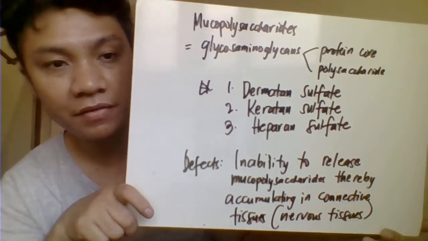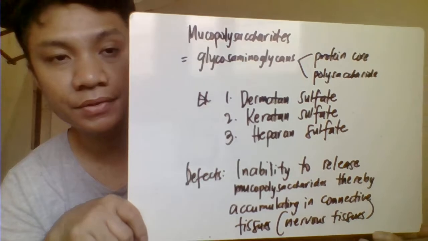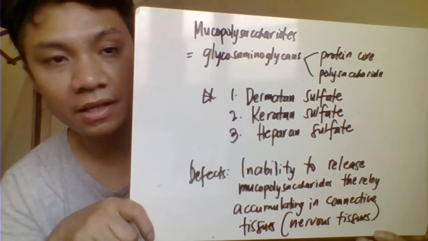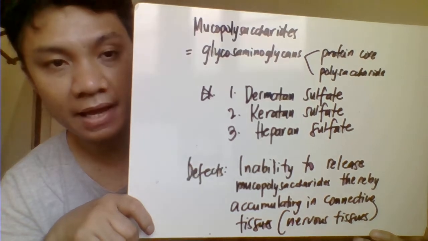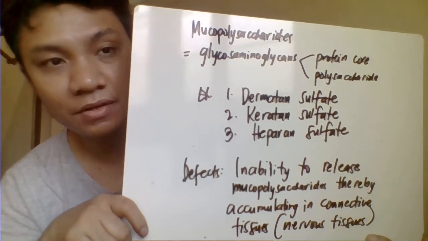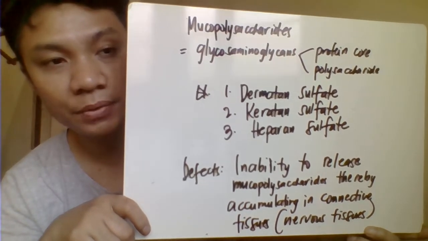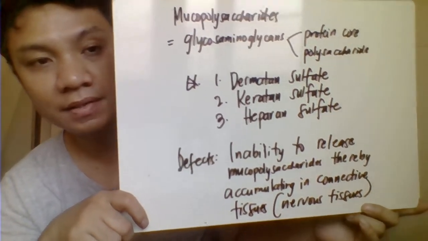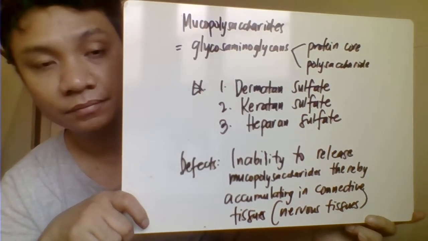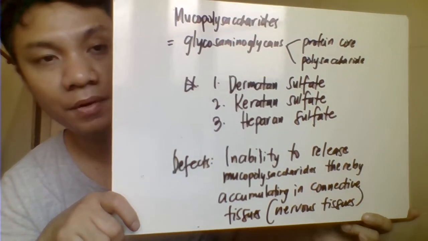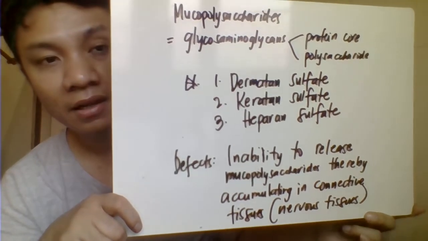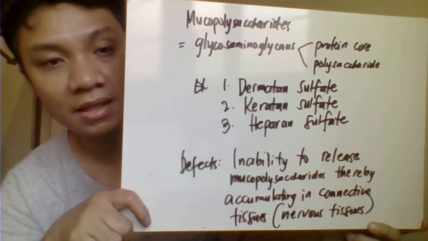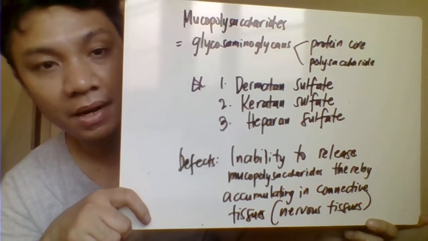Okay, the next one, we have here the mucopolysaccharide disorders. Mucopolysaccharide, another name for that would be glycosaminoglycan. The structure of the glycosaminoglycan has a protein core and mucopolysaccharides, or polysaccharides, which branch out. Examples of these glycosaminoglycans are dermatan sulfate, keratan sulfate, and also heparan sulfate.